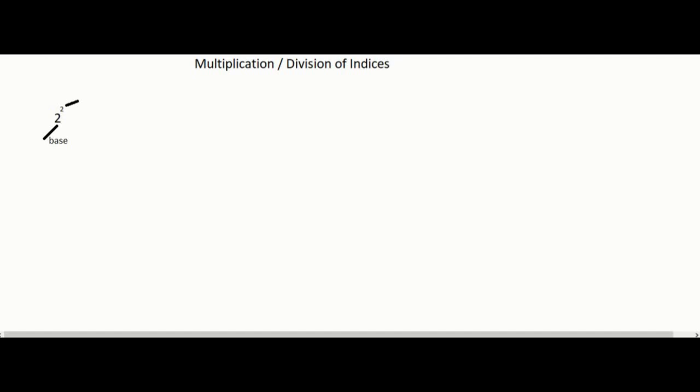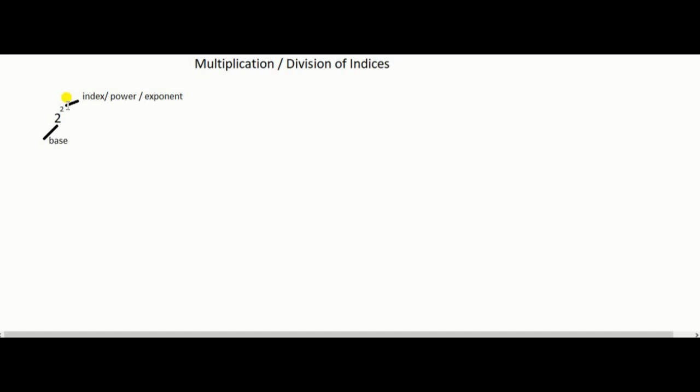The big 2 is the base, and the small 2 is called the index, power, or exponent. So these are the names for the small 2. We're going to look at the multiplication aspect first.